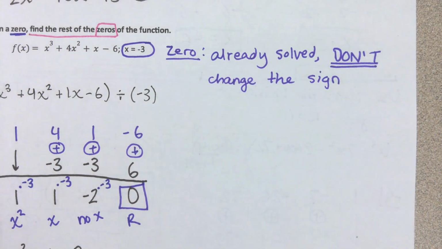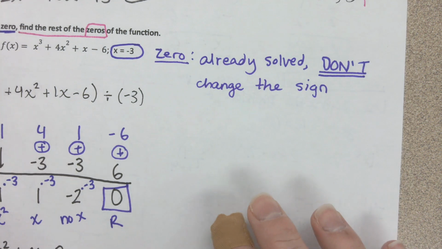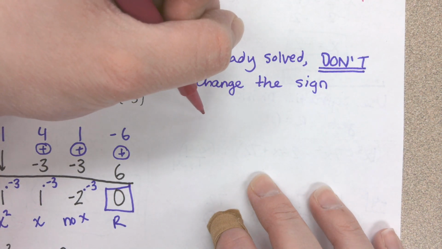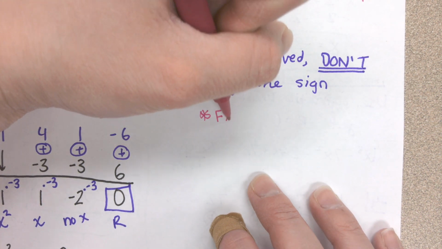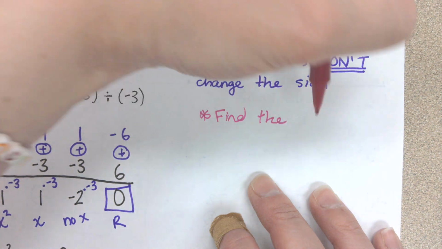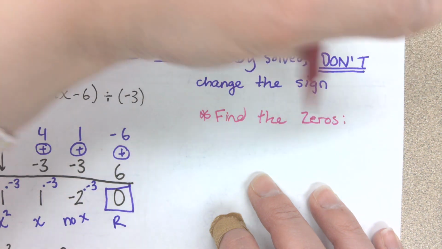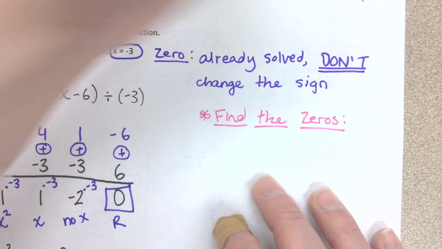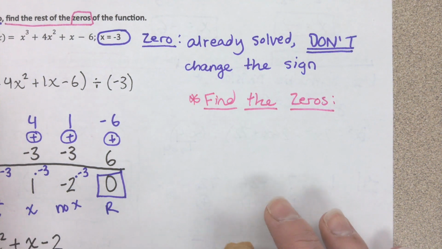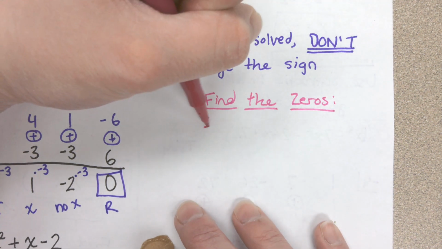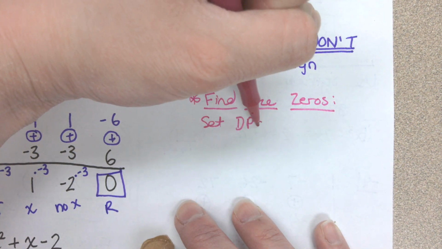I'm going to write those directions again. Find the zeros. Set dp equal to 0.